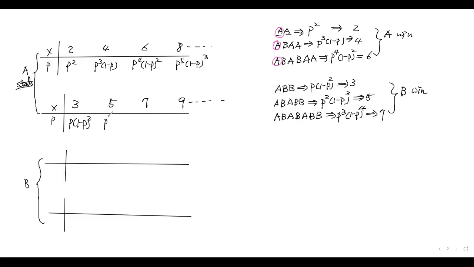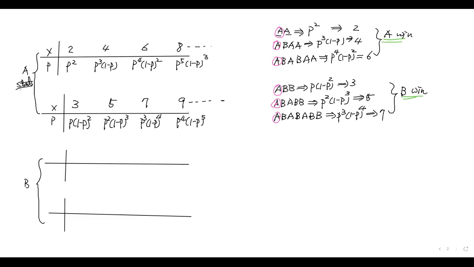Then the next one is P squared, 1 minus P cubed. 7 is P cubed, 1 minus P to the fourth, and the ninth will be P to the fourth, 1 minus P to the fifth. Did you see the patterns here? This is when A starts out winning the first game, but finally which one wins? A wins or B wins. So these are two situations.